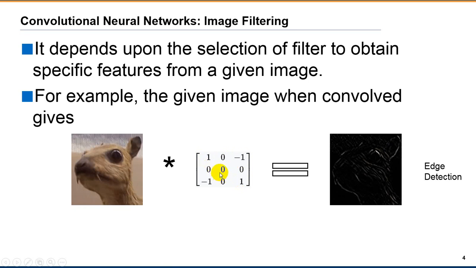We can see that these diagonal entries are higher, therefore we can have edges on the diagonal positions of the image. We are having more prominent features on the diagonal side.